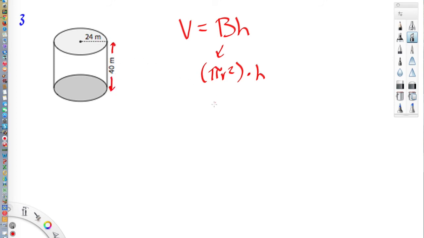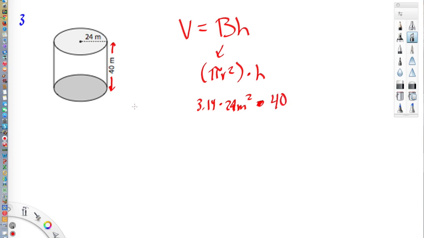Pi is approximately 3.14 times the radius, which is 24 meters, squared, times the height, which is 40.